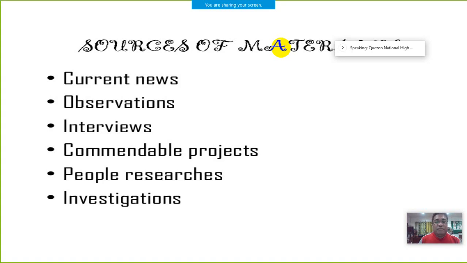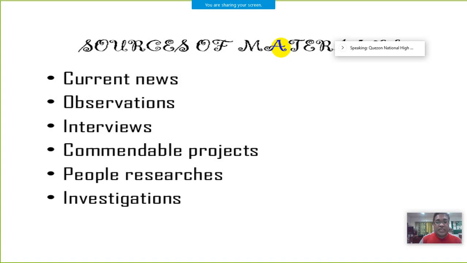Or maybe people's researches can also be a good topic in writing columns. Those researches must offer practical solutions to problems that we are experiencing daily.